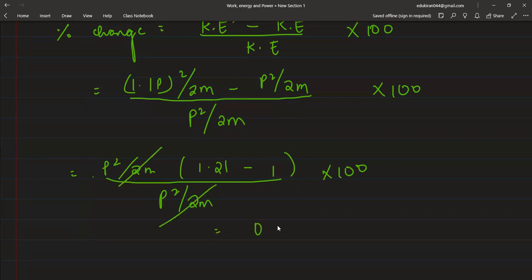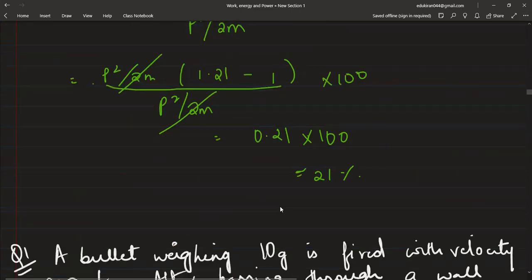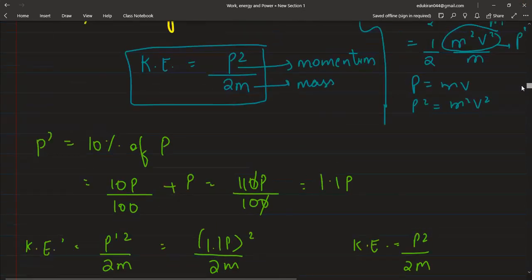This becomes 0.21 into 100, so this is almost 21%. And one thing, see, the change in percentage in momentum was 10%. So this is 21%. Roughly it is 2 times. Write it down and then the next question you all will answer.